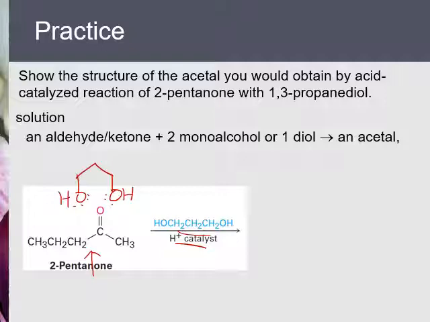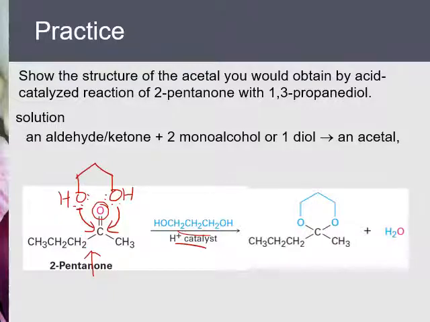During the reaction, one step involves this hydroxy attacking the carbonyl carbon, and the other step is the second attack from this hydroxy. During one of the processes, oxygen forms water that leaves, and so the product should be this one. This is the acetyl, a cyclic acetyl.